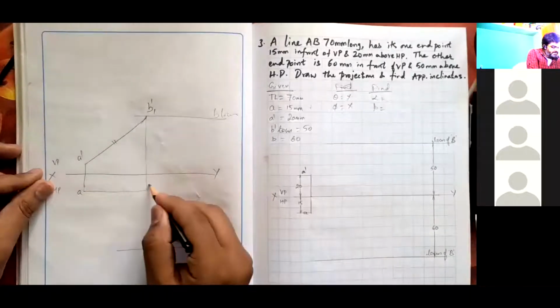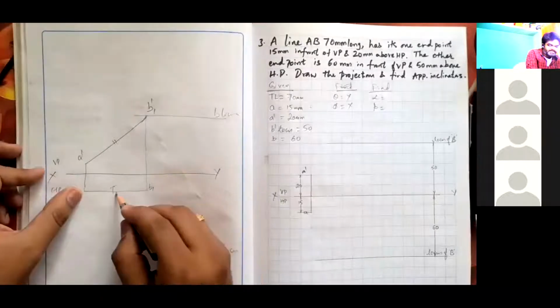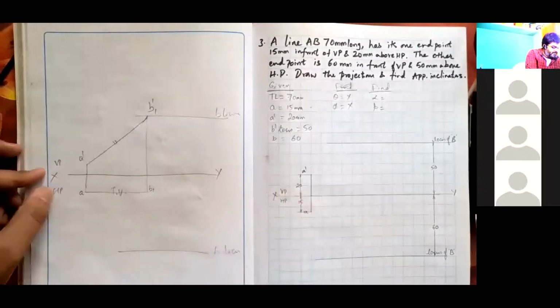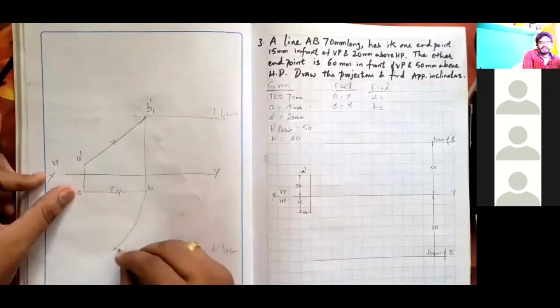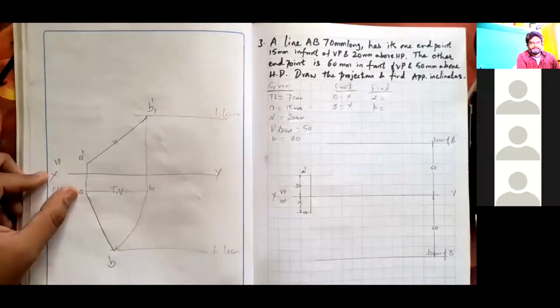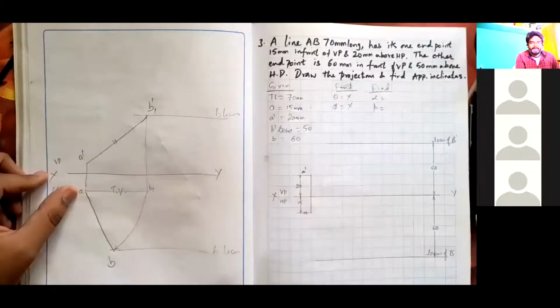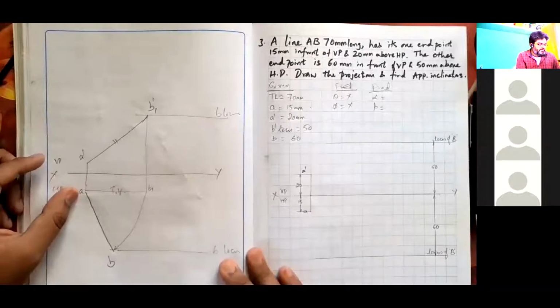So A B1 is the top view. With A as center and B1 as radius, I'm going to draw an arc to get AB. This is AB, the top view, directly I have got. Are you able to get it? Yes sir.